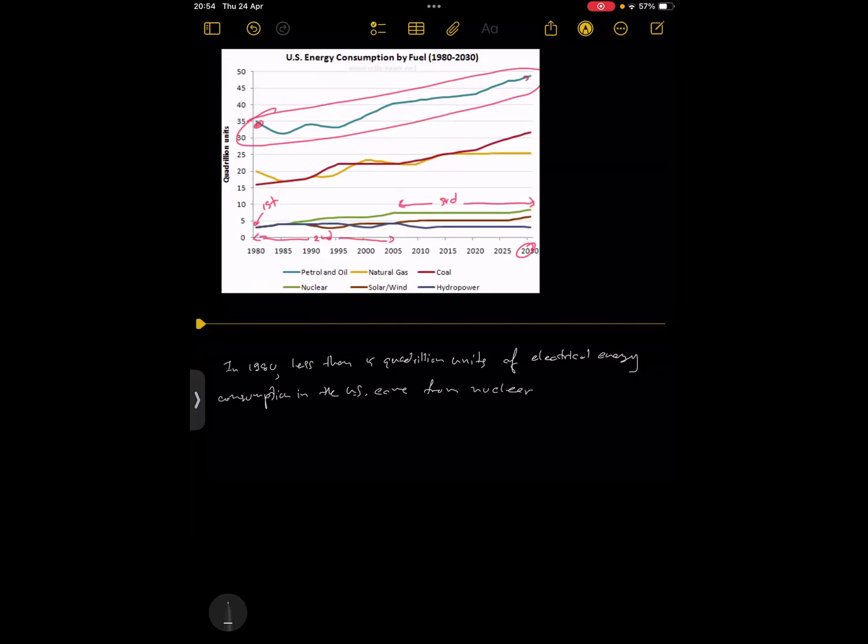Okay, so very little, right? Less than 5 quadrillion came from nuclear.